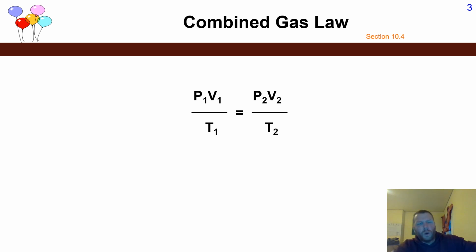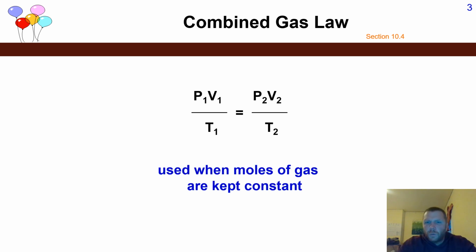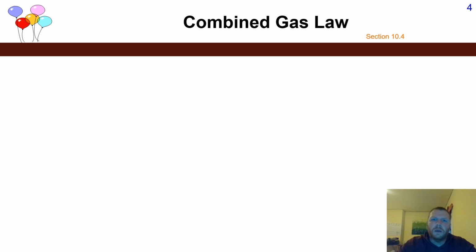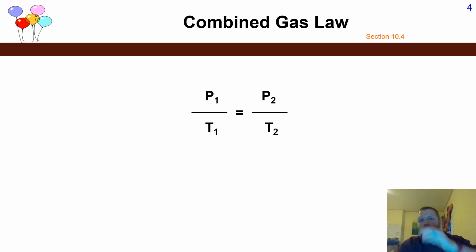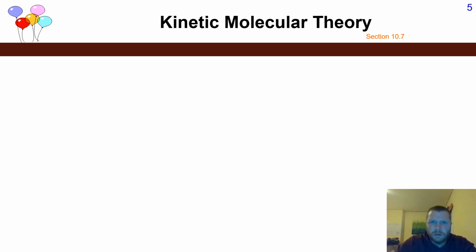So the pressure of one gas times the volume of one gas divided by the temperature of that one gas is ultimately equal to the pressure times the volume divided by that second gas's temperature. This is whenever the number of moles of that gas are kept constant. Ultimately, that gives you a relationship between the pressure, volume, and temperature of two different gases when the moles are kept constant.